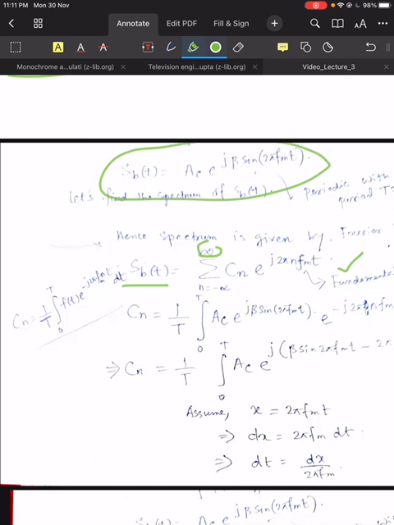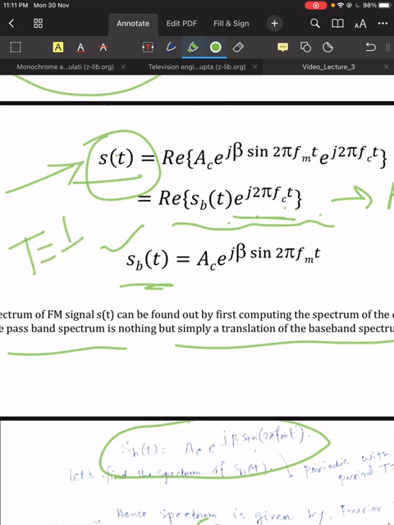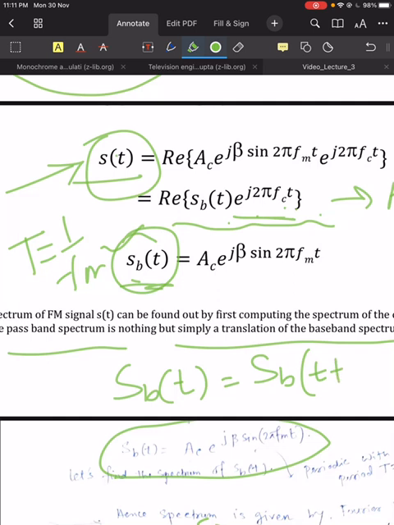You can easily see that this s_b(t) signal is basically a periodic waveform, with period T equal to 1 by f_m. This is the period of the signal s_b(t). You can easily check that s_b(t) should be equal to s_b(t plus kT).